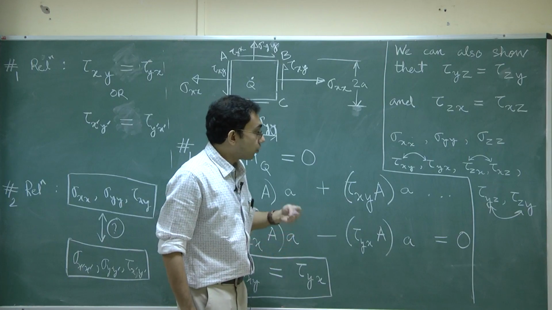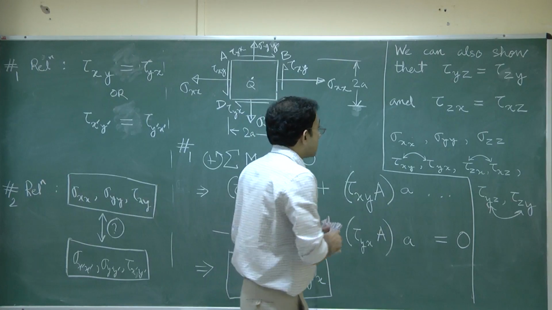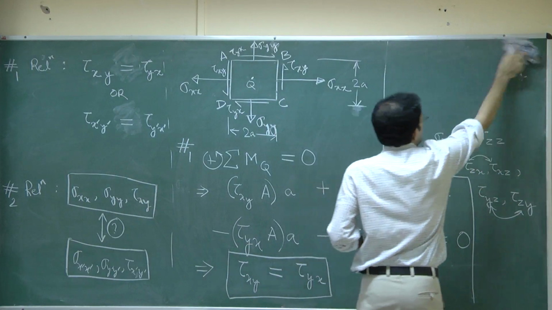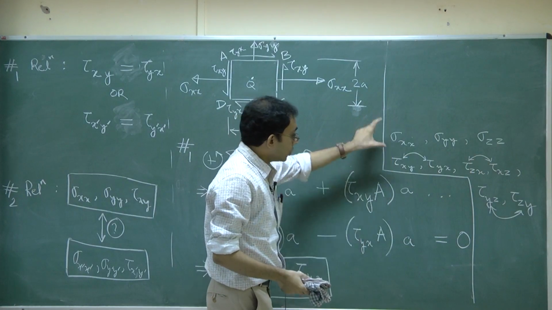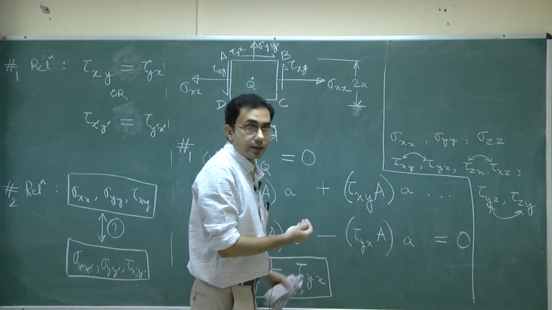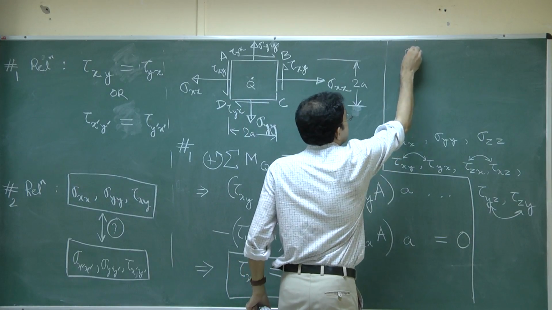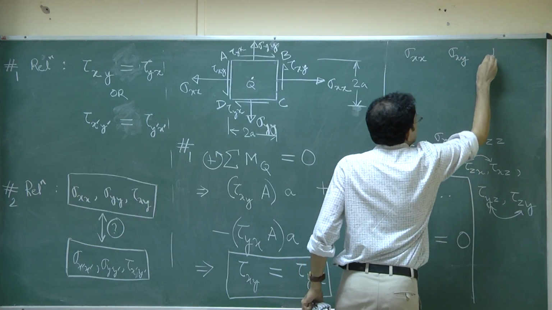And while we are doing the maths of it, let me just tell you that usually this general state of stress in a particular coordinate system, using all this information that we have just learned, is usually written in terms of a 3 by 3 matrix in this form: sigma xx, sigma xy, sigma xz.